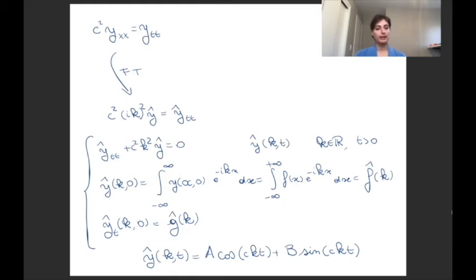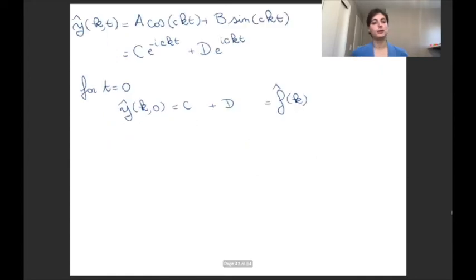So we have the second derivative with respect to time of y hat being something that depends on k times y hat. If we think of k as just some constant, we can solve this by saying that y hat, function of k and t, is a sum of a cosine of ckt and b sine of ckt.